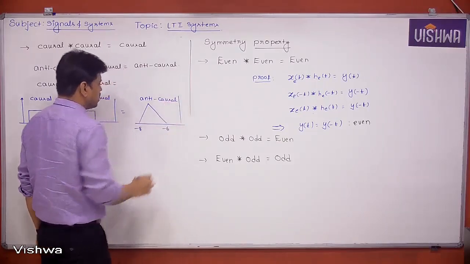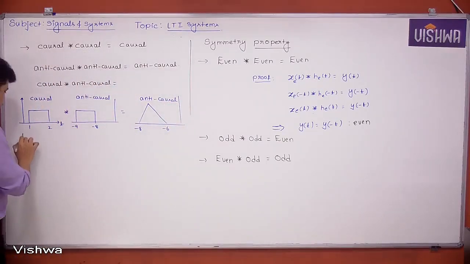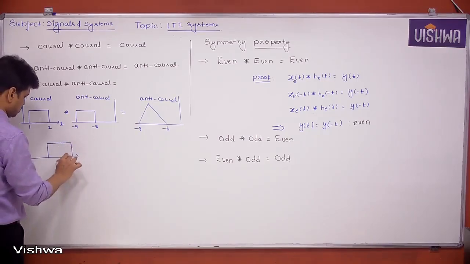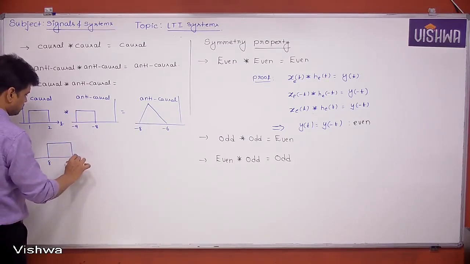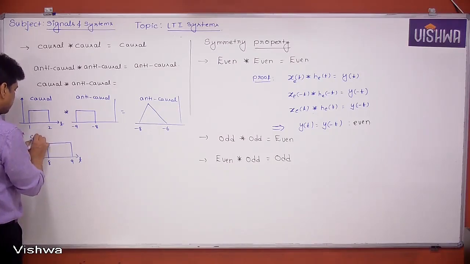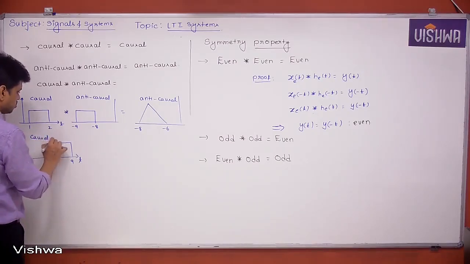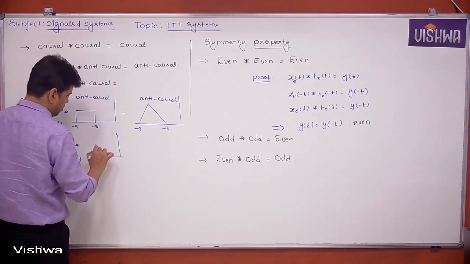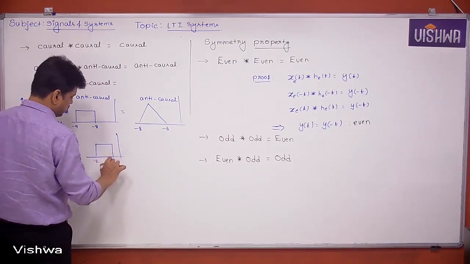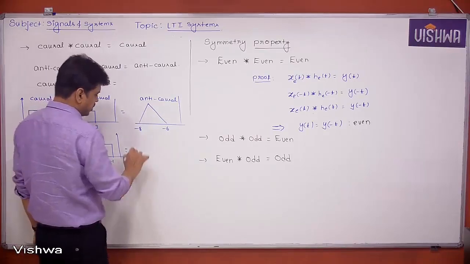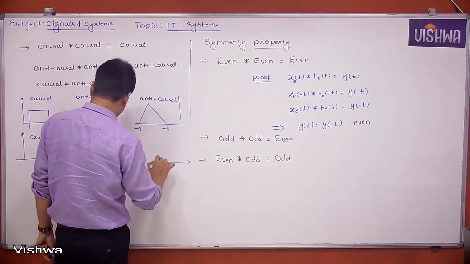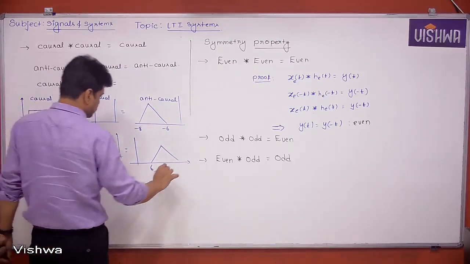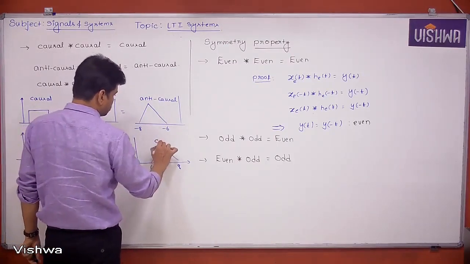In the same way, if I take a causal signal, let's say 8 to 9, so it is a causal signal now. Convolved with, let's say, an anti-causal signal from -2 to -1, the resultant now exists between 6 and 8. So this is nothing but causal.